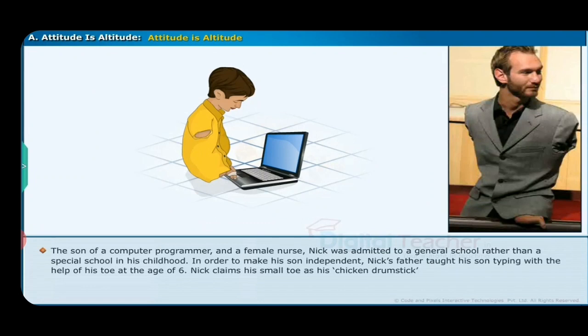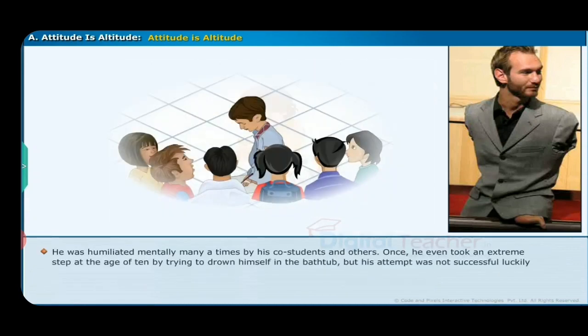In order to make his son independent, Nick's father taught his son typing with the help of his toe at the age of 6. Nick claims his small toe as his chicken drumstick. Nick believed in evangelical Christianity and chosen to remain a virgin until marriage. He was humiliated mentally many a times by his co-students and others.